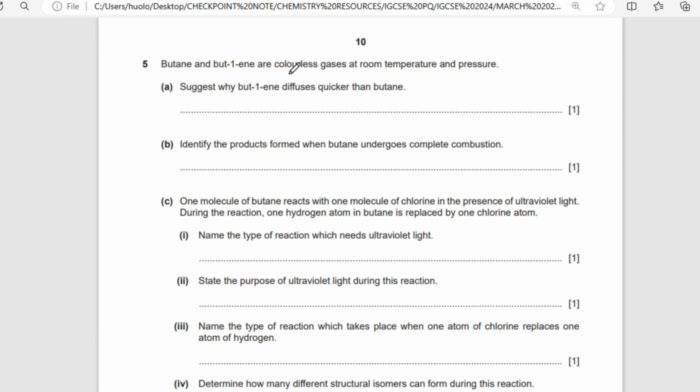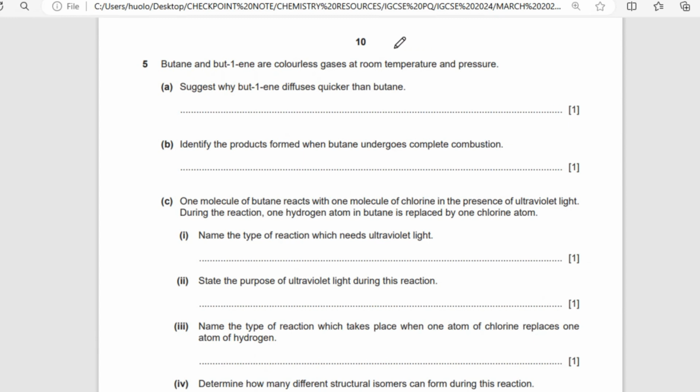What are the factors affecting diffusion? Two main factors affect diffusion: temperature and mass. The higher the temperature, the faster the particles move. Then the mass, the higher the mass, the slower it moves. That's an inverse proportion.